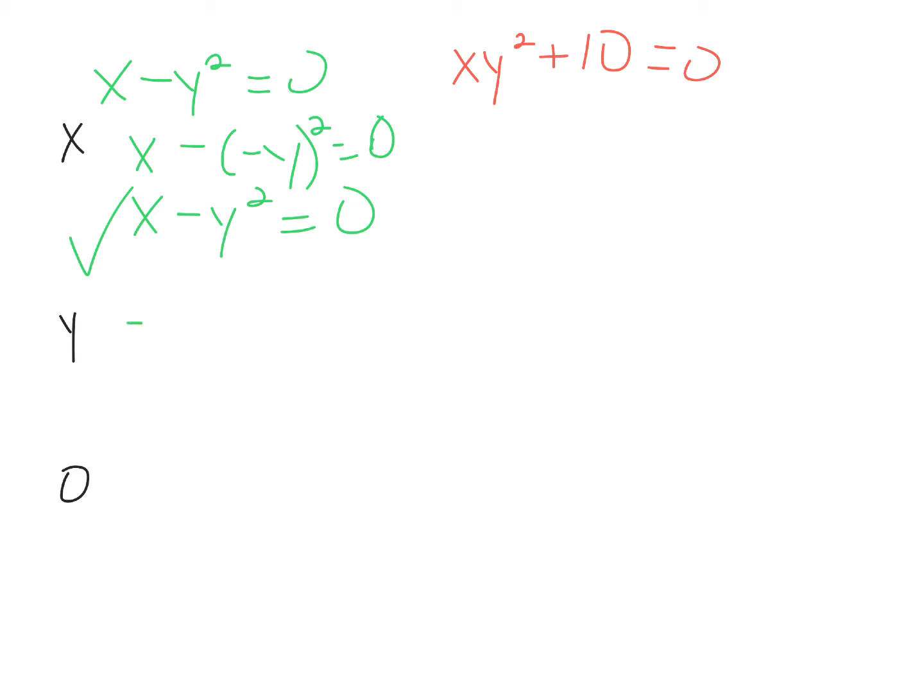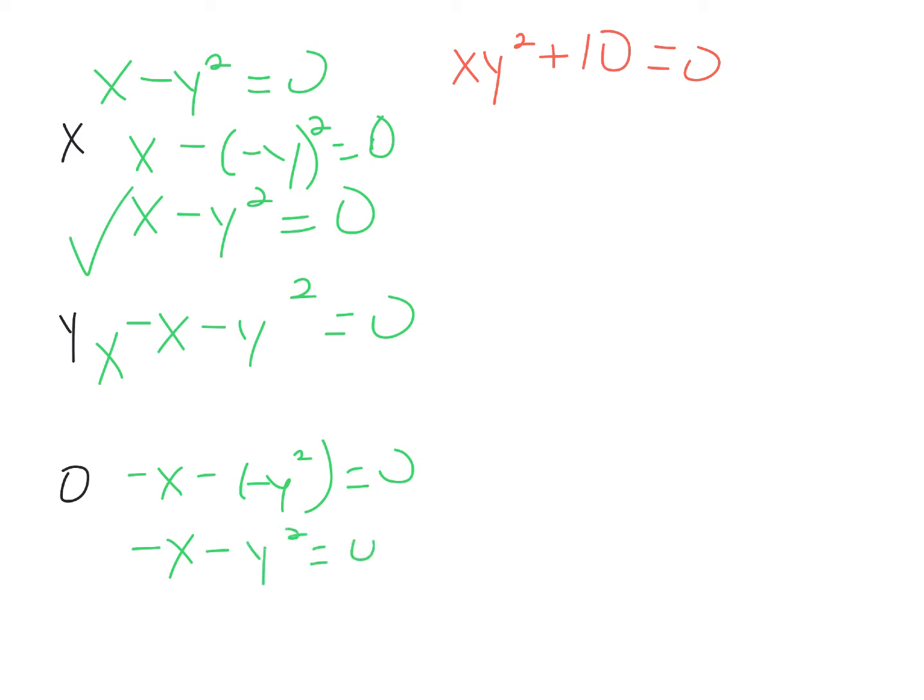Throw in negative x. No. Clearly it's going to be a big no. That's a different function than what the original was, so no. Let's do origin. Negative y, negative x. What happens? No. Not symmetric over the origin.